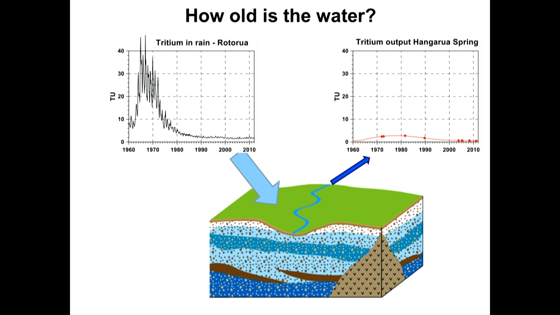Tritium is radioactive, so it decays, so the water is very old. In this case, the Hamurana stream discharging into Lake Rotorua, that water is 125 years old. So between when it rains into the catchment, picks up the nutrients, and until it goes into the lake, there's a big time lag. Murray Close also mentioned this in his talk.